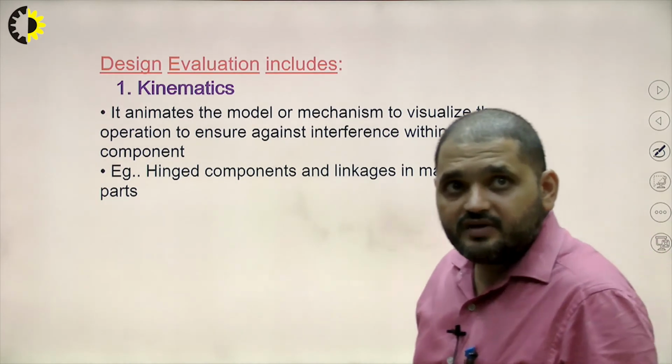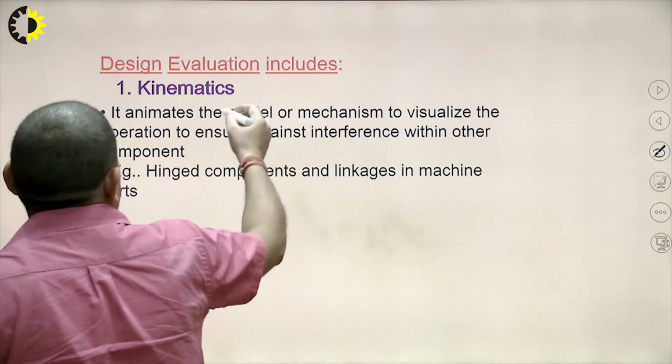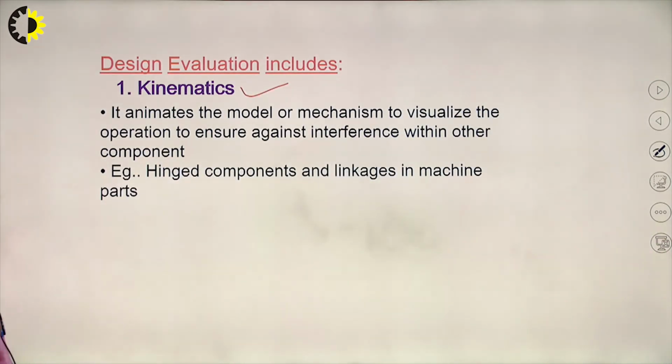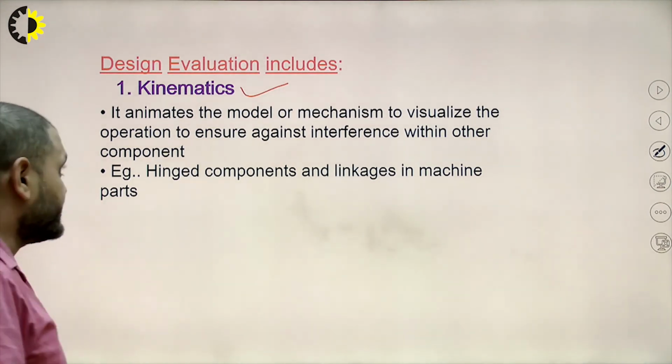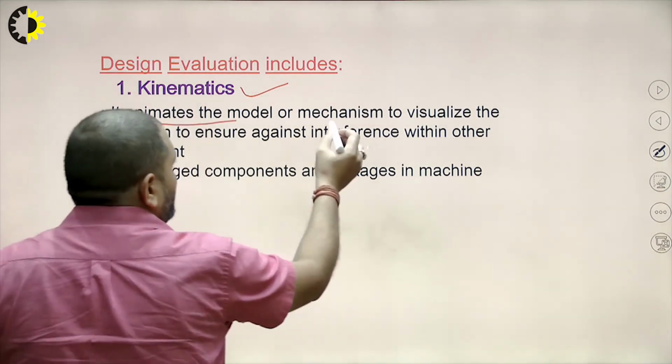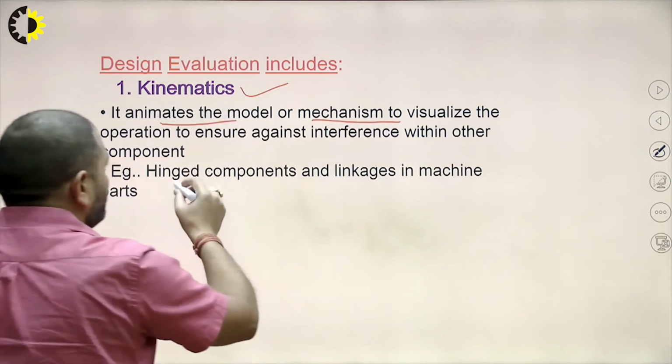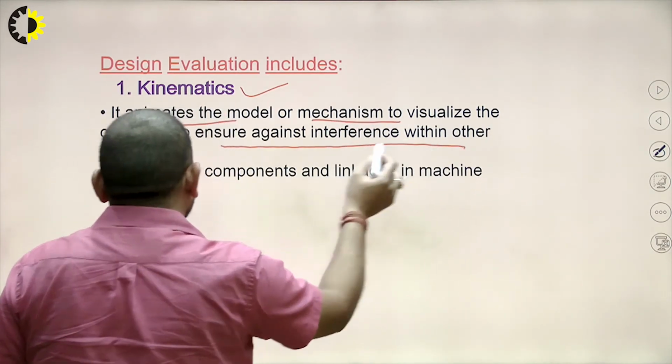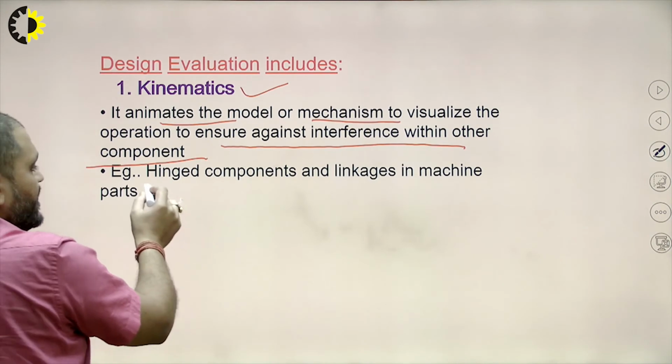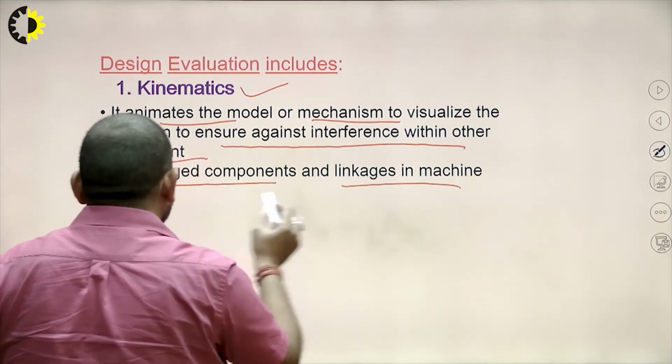Now design evaluation includes, first, kinematics. We consider the kinematic part, that is, it animates the model mechanism to visualize the operation and ensure against interference within the components, for example hinge components and linkages in machine parts.